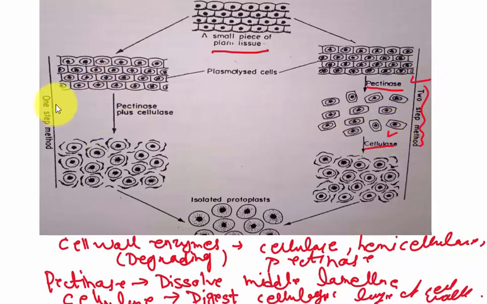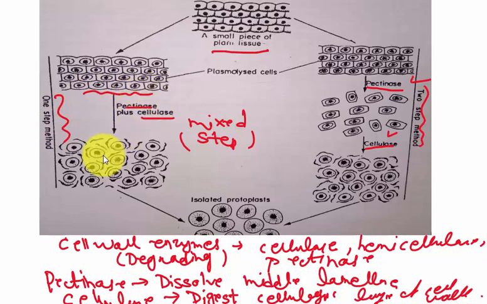Then here comes the one-step method, the mixed step. In this step, cellulase and pectinase are mixed so that the entire wall is broken in a single operation.